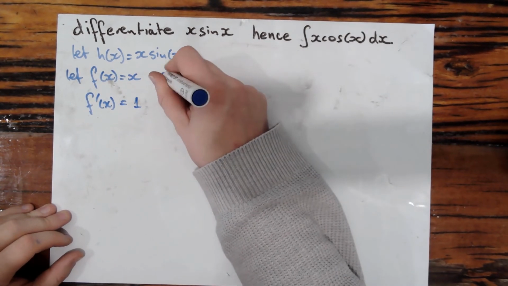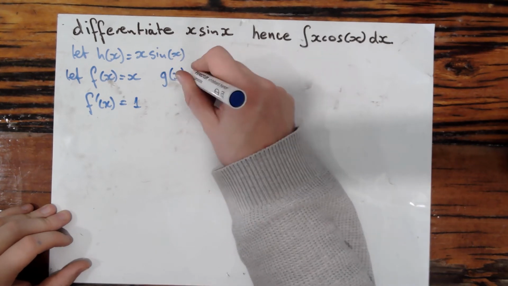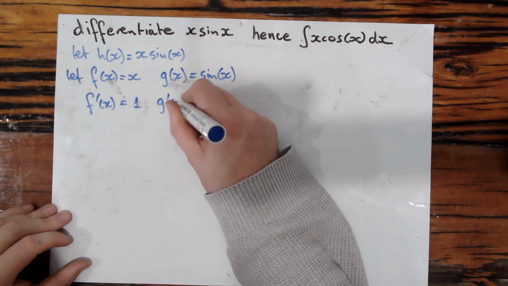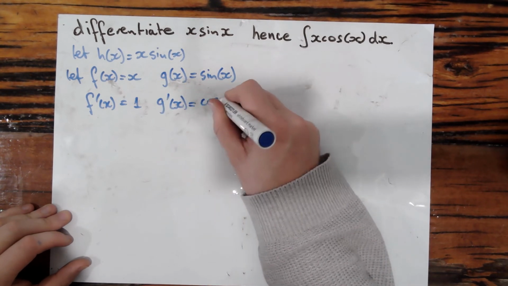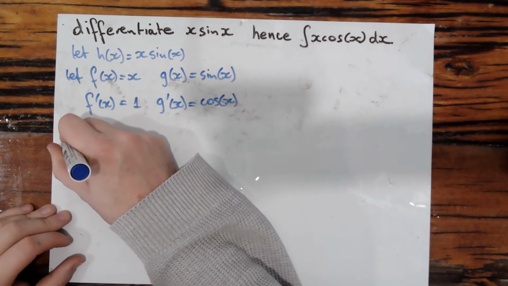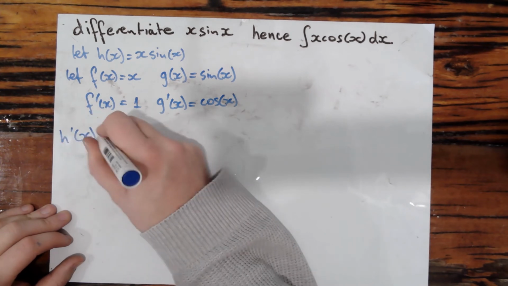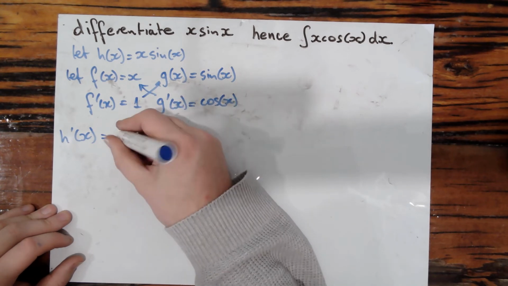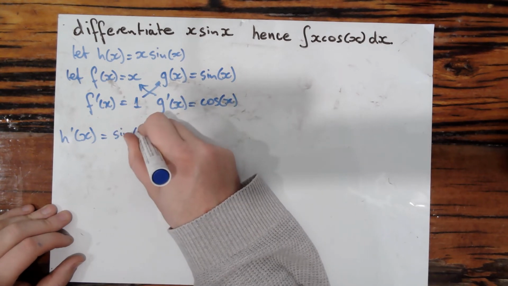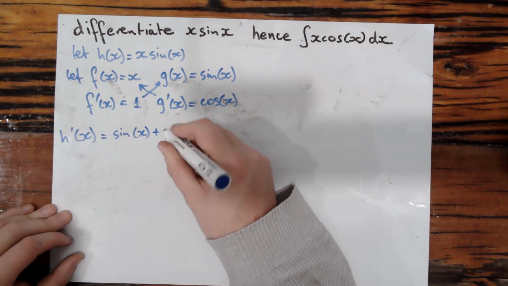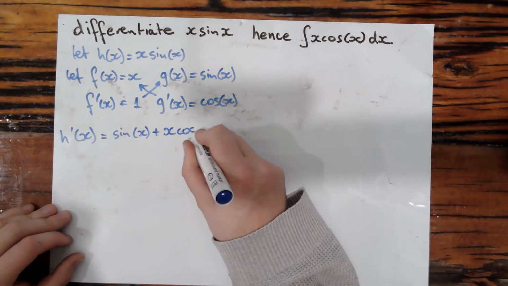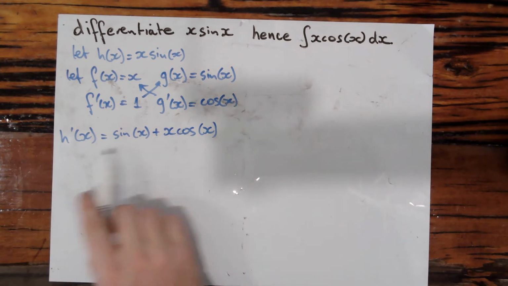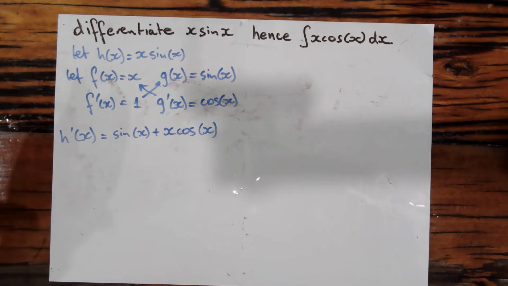I'm going to get g of x being sine x, so g dash of x is going to be cos of x. So that means that h dash of x equals, all we're going to do is cross multiply: 1 times sine is sine of x plus x cos x. So I've got my derivative now. Excellent. So that's part A if you like.